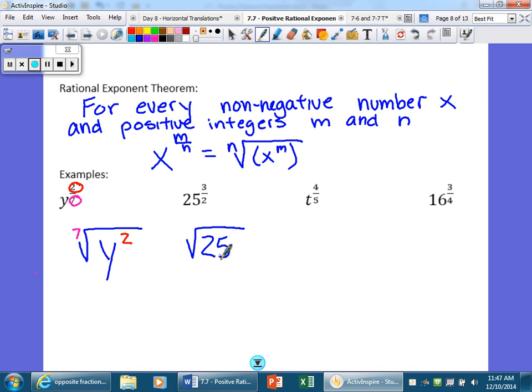Now, my numerator is a 3, so inside here I have to raise the 25 to the third power. And then my 2 is in my denominator, so my 2 goes down here. So now it's the square root of 25 to the third power.